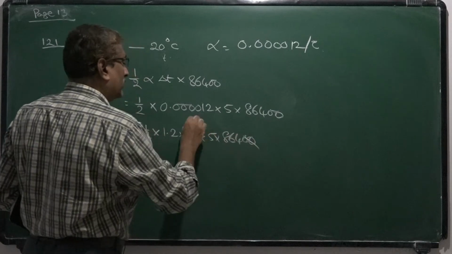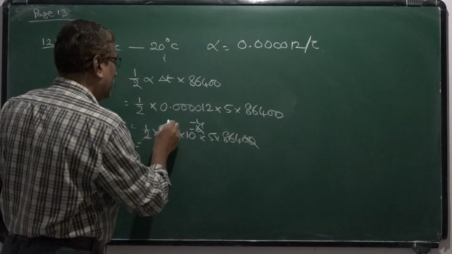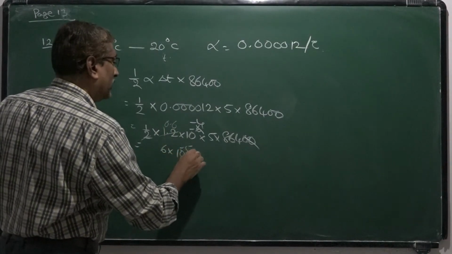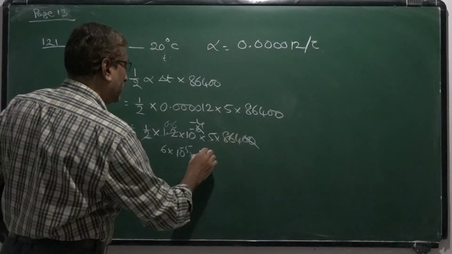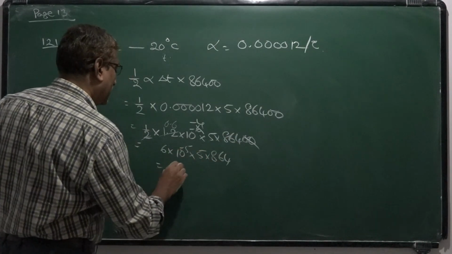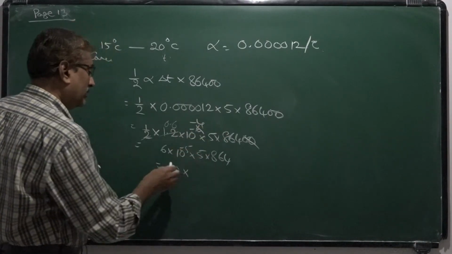So you can cancel out this minus 4, 0.6, that is 6 into 10 power minus 5 into 5 into 864. So this becomes 30. 30 means 3.